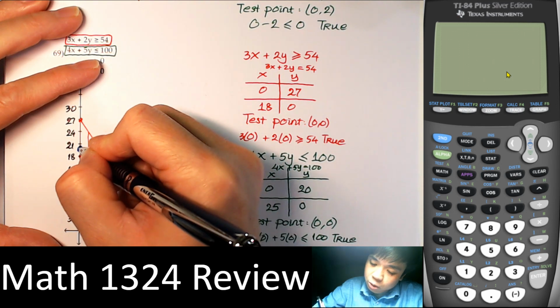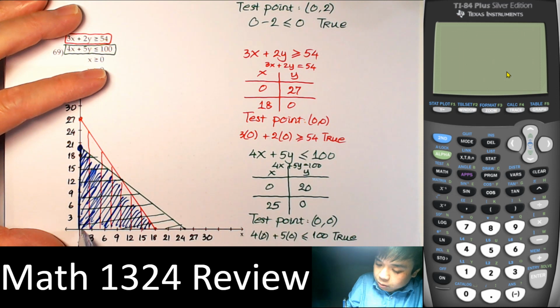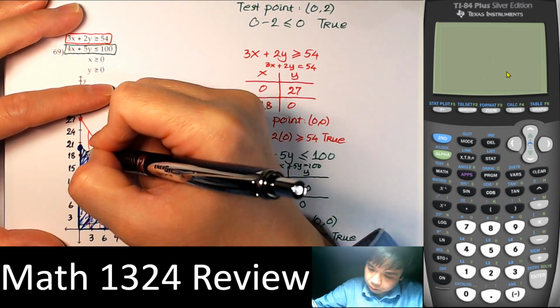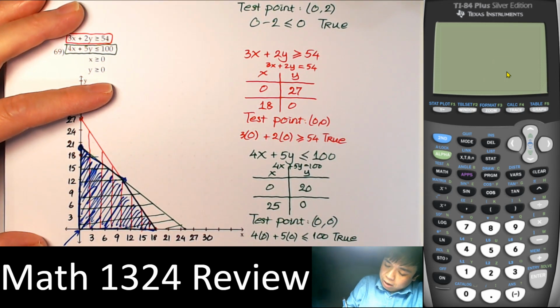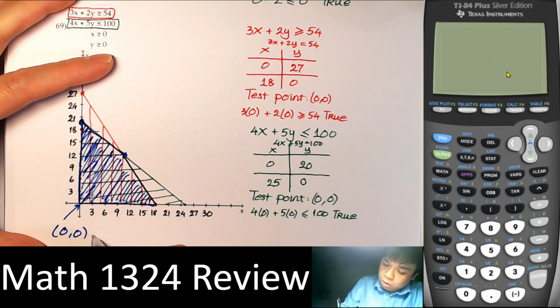So we need to find all the intersections here. So this is easy, (0, 0). That is 0 and 20.